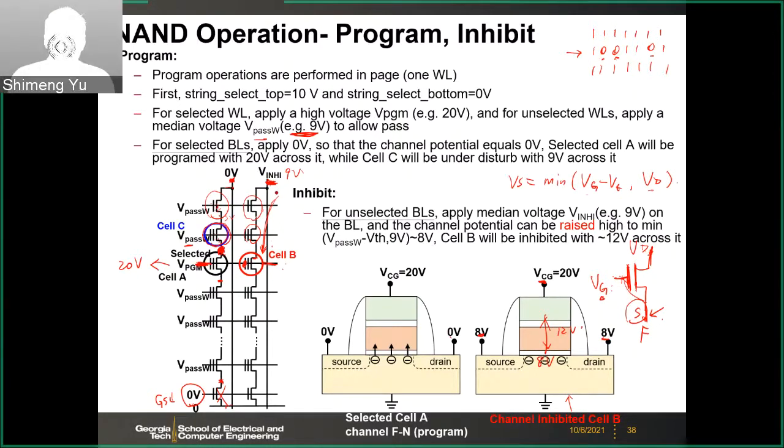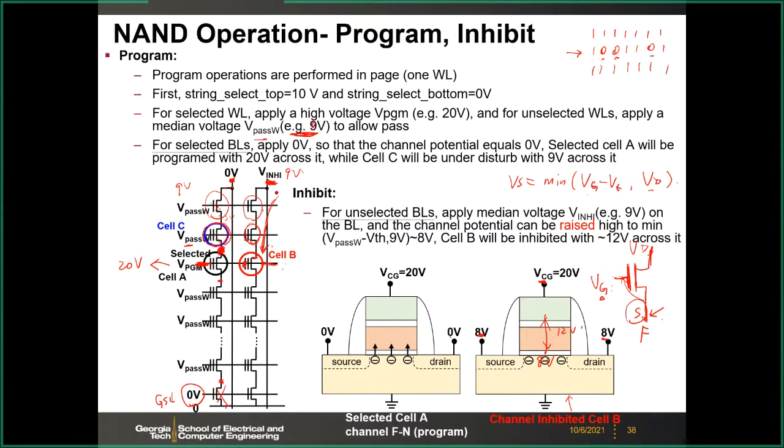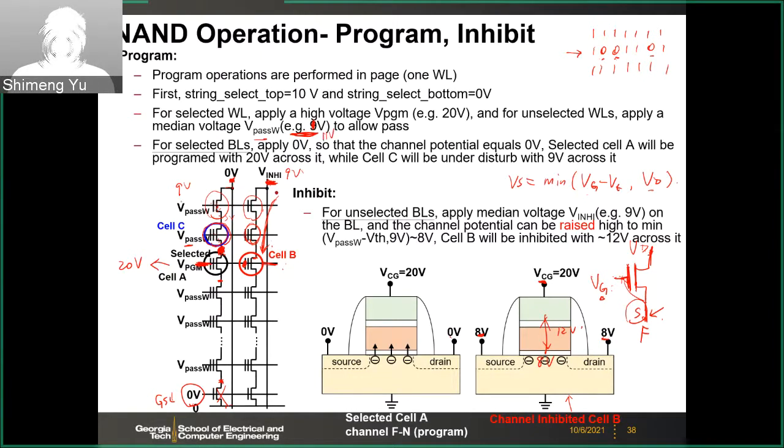In this configuration, for example, you have 9 volts here and then 9 volts on the Vpass. Here you can assume the threshold voltage of those can be 2 or 3 volts. Therefore, here you can still pass that. I would say this one actually needs to be a little larger. So the Vpass, I would say we should use 11 volts maybe. 11 volts, a little bit larger.